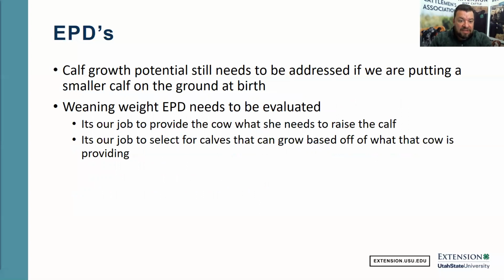That's something that needs to be evaluated. So basically, we need to get the calf on the ground, and then we need to provide resources to that cow to raise that calf. That being said, we also need to select a weaning weight EPD that inherently has some growth potential for that calf himself, so that he has the ability to grow as well.